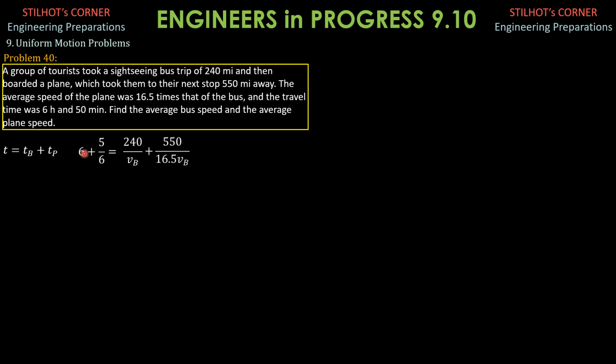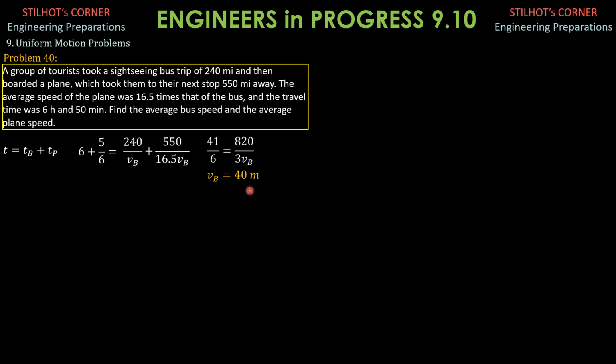So 6 times 6 is 36 plus 5, so 41 over 6 is equal to 820 over 3v, by adding 240 plus 550 over 16.5. So 6 divided by 3 is 2, so this is 2 times 820 divided by 41. 820 over 41 is 20, times 2, so v is 40 miles per hour.